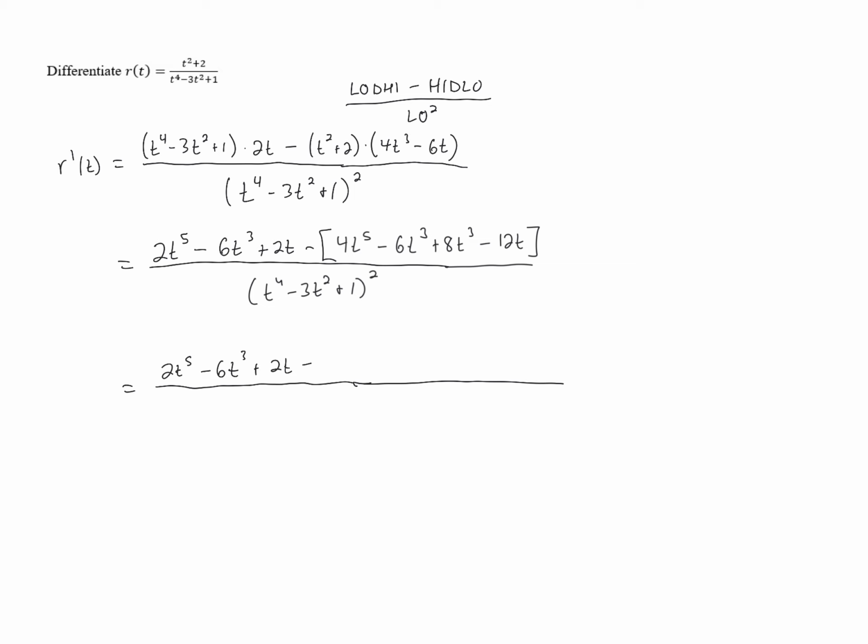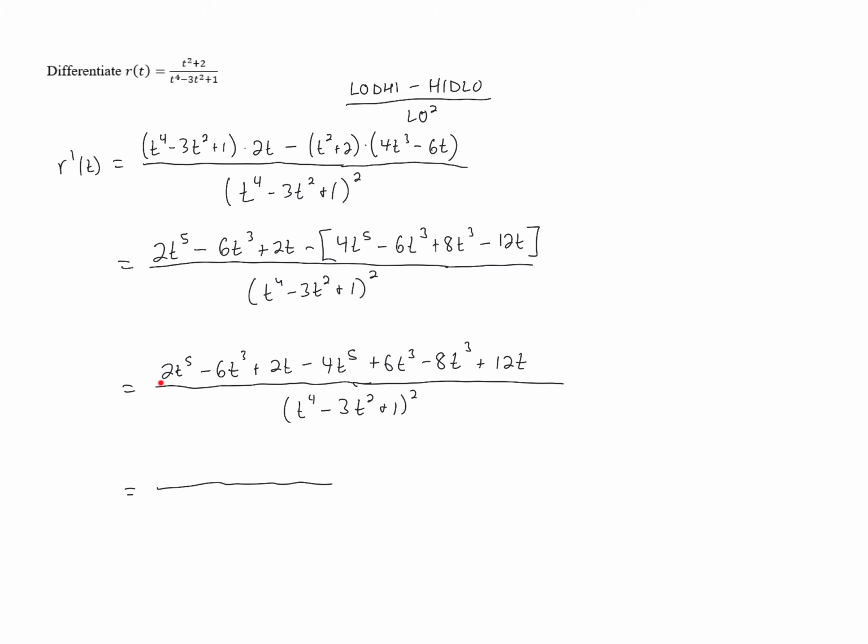But then when we distribute that subtraction, it's going to be minus 4t to the fifth, and then plus 6t cubed minus 8t cubed and plus 12t, all over t to the fourth minus 3t squared plus 1, all squared. And then it looks like we've got like terms in the numerator. We've got some t to the fifths, we've got some t cubeds, and we've got some t's. So let's go through and combine them.